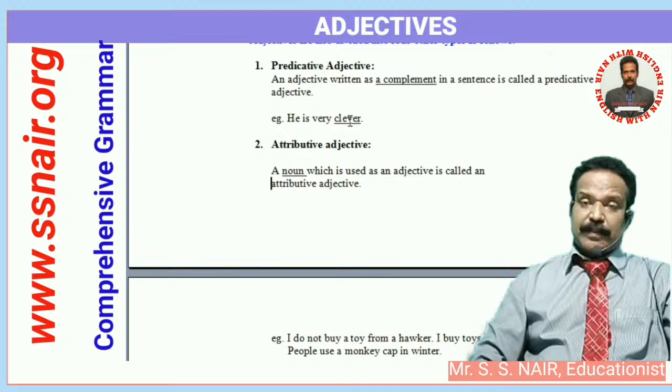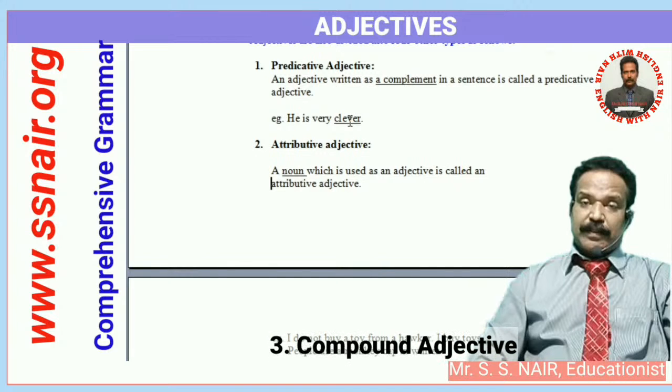It's saying the type of shop. People use a monkey cap, but monkey is also a noun. Here it is an attributive adjective because it is used before the noun and it is adding something to the meaning of the cap. What sort of cap? Monkey cap. So here monkey is an attributive adjective.